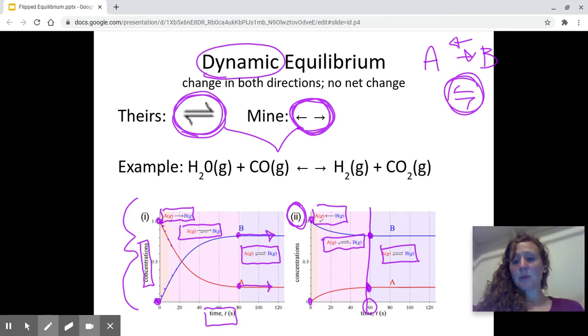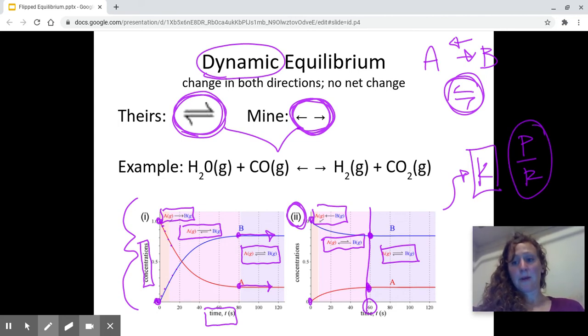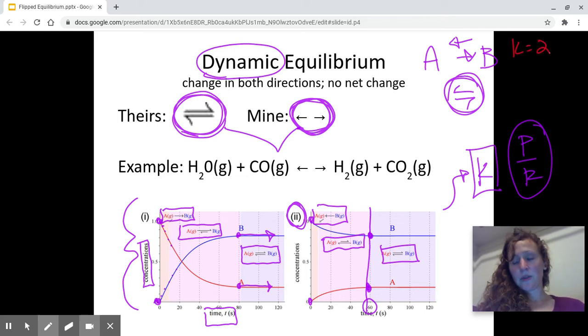And this gets us back to thinking about K. K is the ratio of products to reactants that happens at equilibrium. This ratio is always going to be the same. Now, if we mess with the initial concentrations, let's say K is equal to 2, okay?